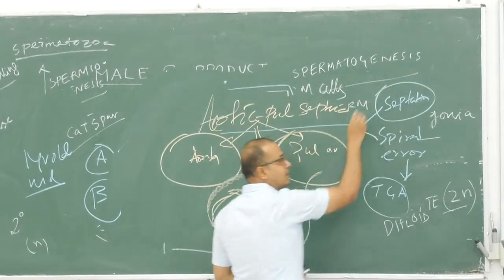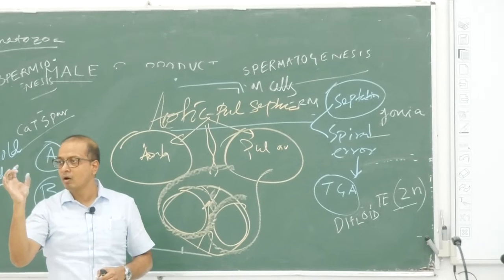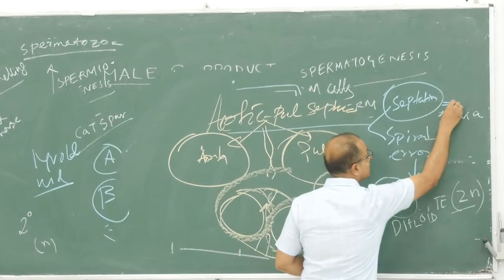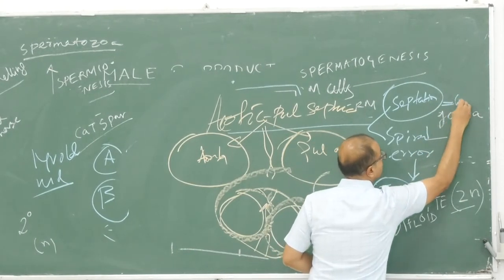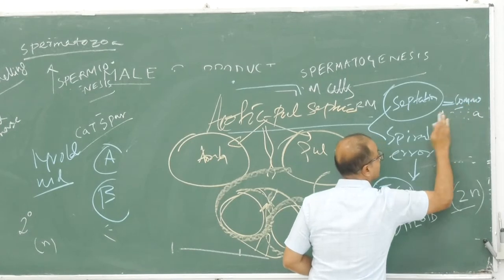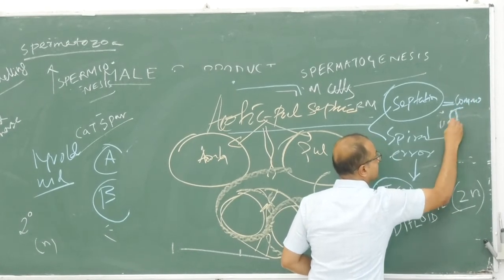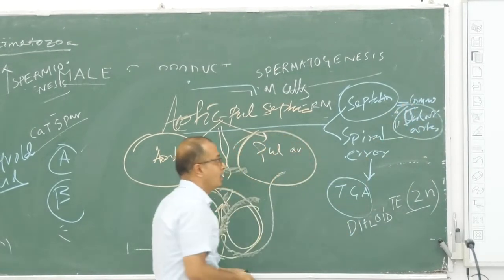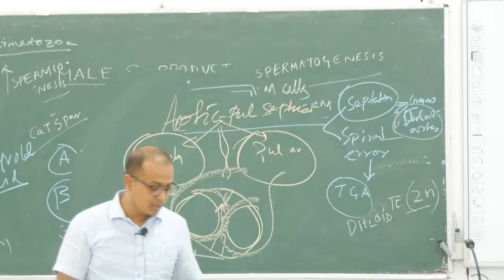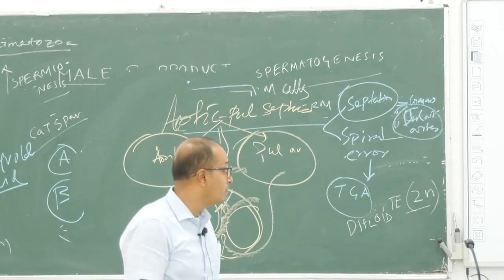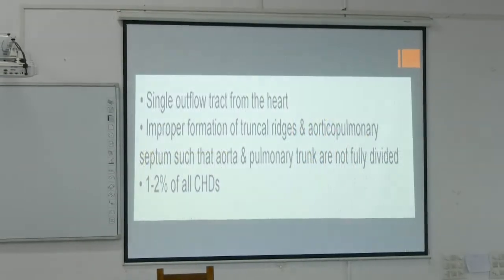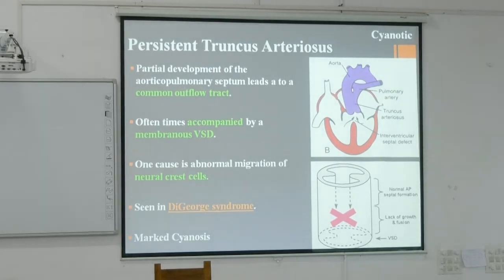And if it is a septation error, that means there is a common chamber of the aorta and the pulmonary artery. So these are the two elements which take place with transposition of the great vessels and persistent truncus arteriosus, where the aorticopulmonary septation is in error.